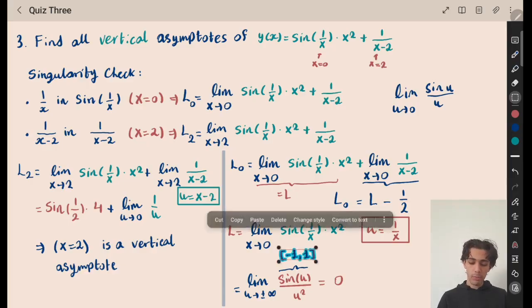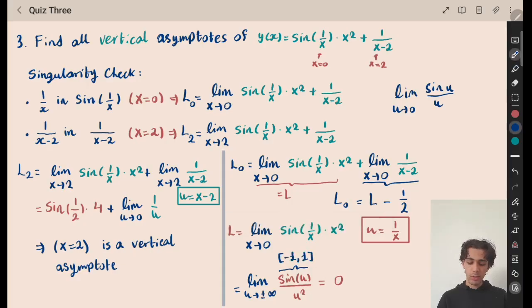As for the denominator, it's u squared, and with u squared, the denominator is really exploding because you're plugging in plus or minus infinity. And if you have something that is at least -1 and at most +1, and you're dividing this thing by a very big number, then you'll get a very small number. And that is why this limit is equal to 0.